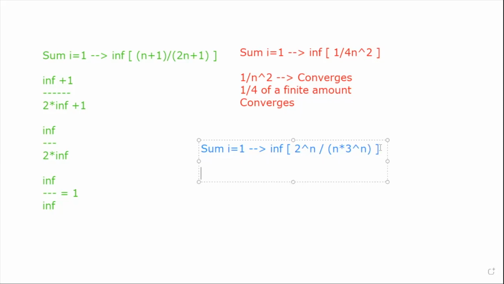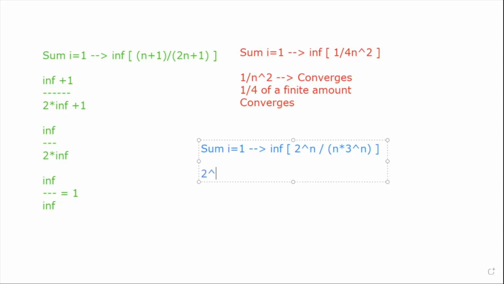To start, we're going to compare each consecutive term and ask: is the next term greater or smaller than the previous term? If the next term is greater than the previous term, we know it's going to increase as time goes on, and eventually the series is never going to converge. It's going to go more and more and more. However, if each term is smaller than the term before, we know eventually it's going to go to 0 and it's actually going to converge.